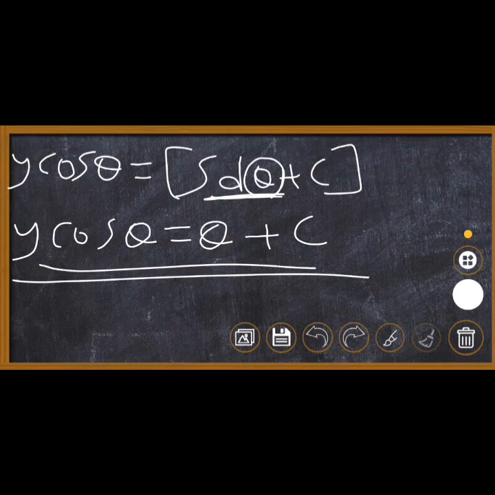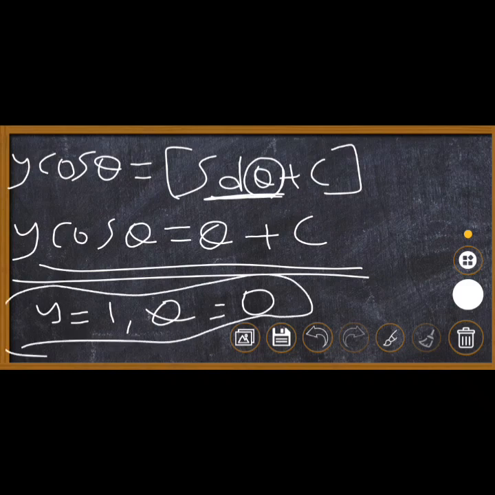So this is our value. This is our general equation. However, if you have also been given the particular conditions or the boundary conditions, you simply replace. So let's say you have been given y equals 1 and also theta equals 0. If you have these values, you simply have to replace.